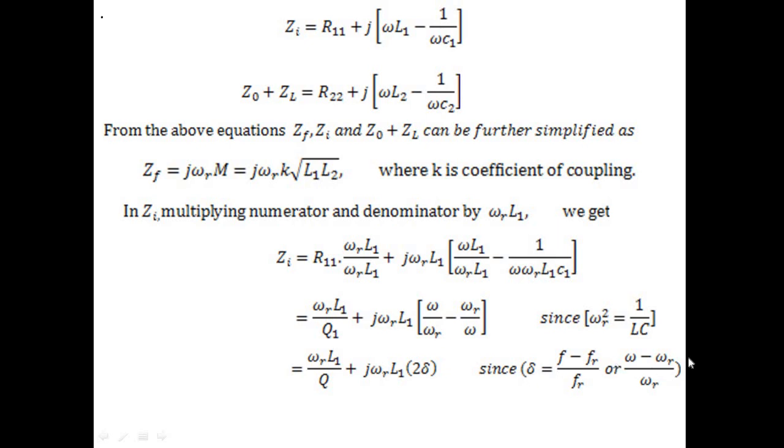Delta is equal to omega minus omega R divided by omega R. Now you simplify this: omega R into L1 divided by Q plus J omega R into L1 into 2 delta. Take omega R L1 by Q as a common. You will get it as 1 plus J into 2Q into delta.